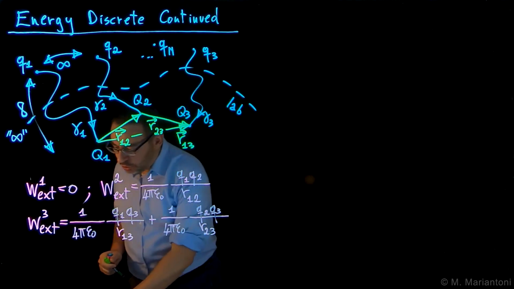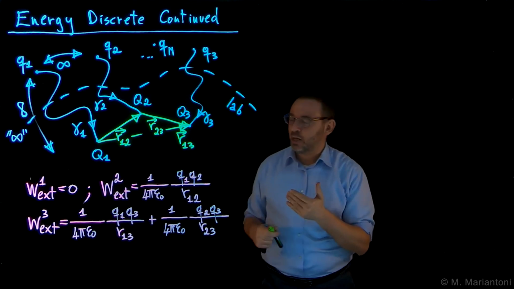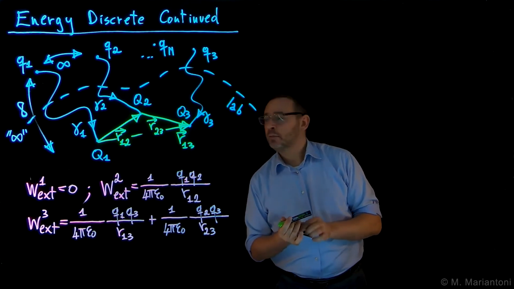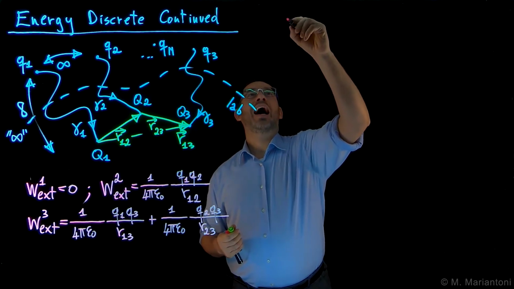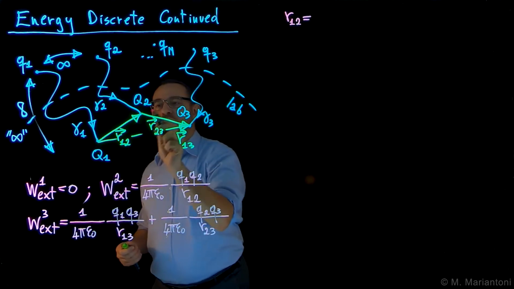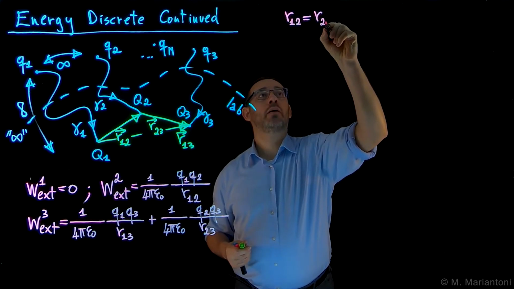So with this procedure in mind, let us try to generalize this concept a little bit. The first thing we notice is that r12, which is the norm of this vector, obviously is the same as r21.